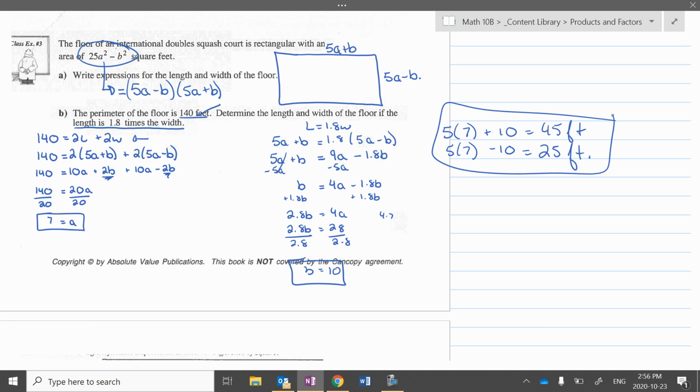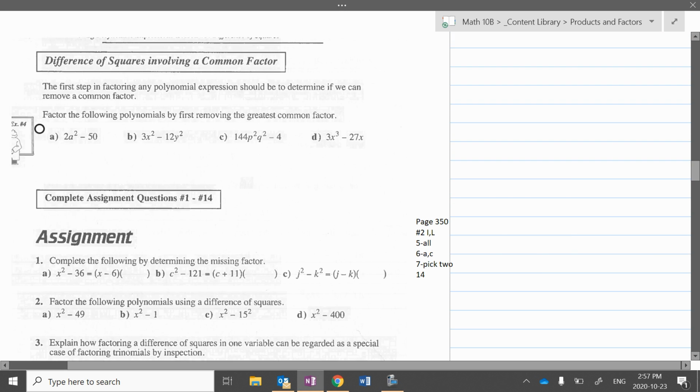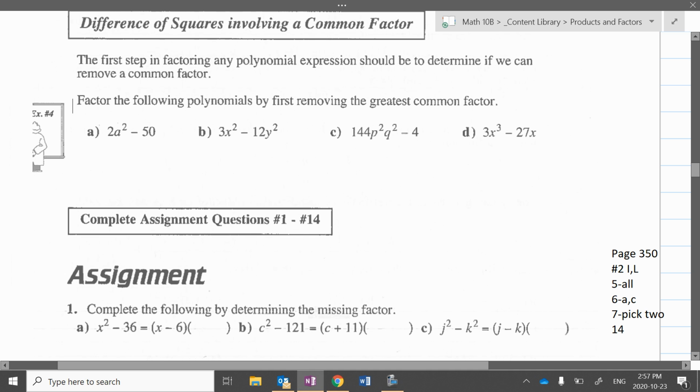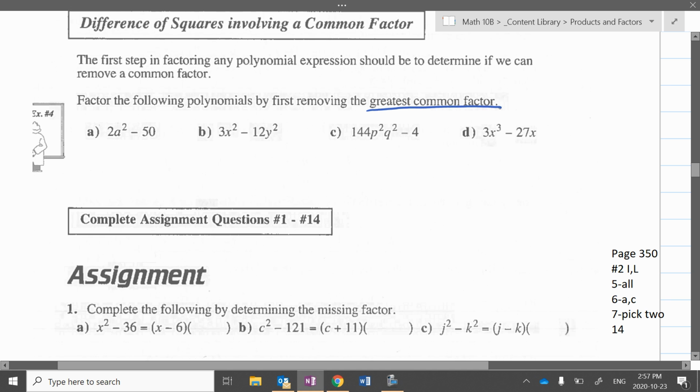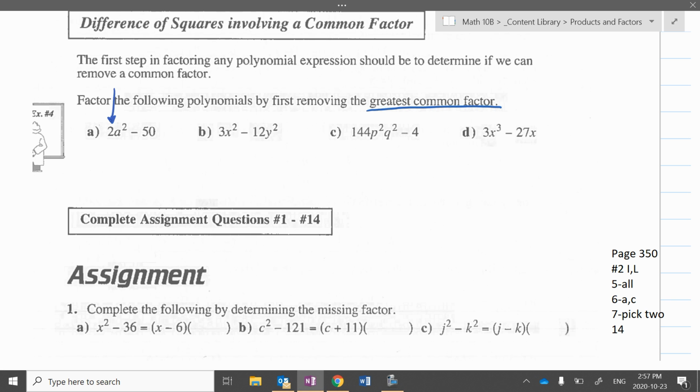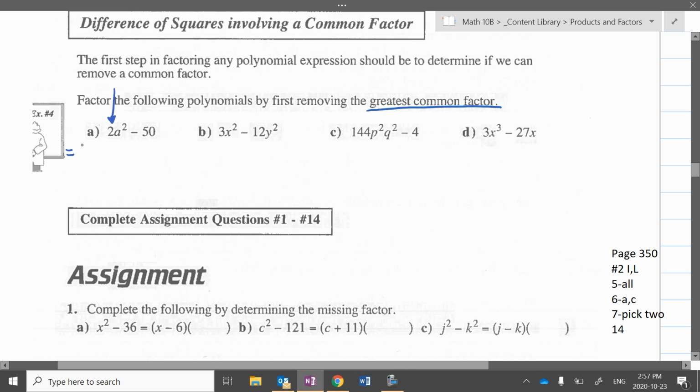Okay, our very last piece of this is we can include greatest common factor. So we keep going back to that each time. So when you have a greatest common factor, we always want to take it out first. Whenever you have a value in front of your variable squared term, so in front of our first term, you always should think first, is it the greatest common factor? So in this first one, I can take out a 2.